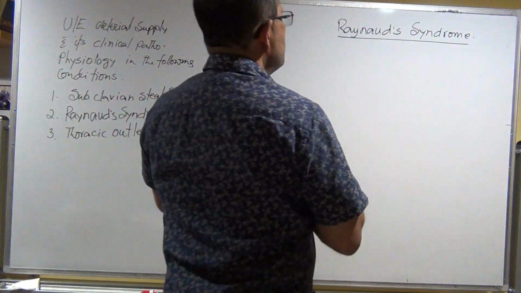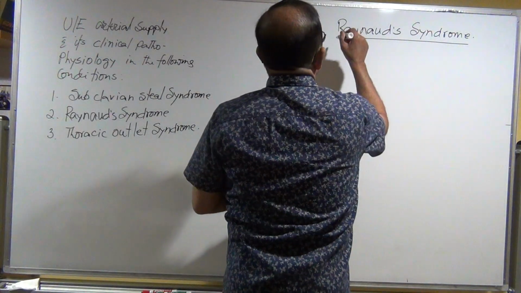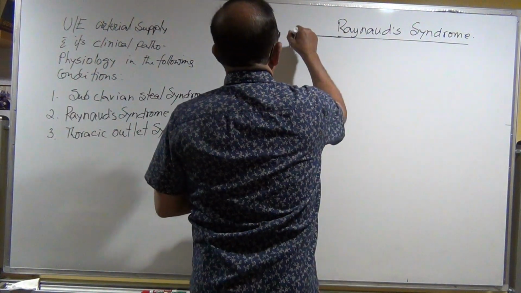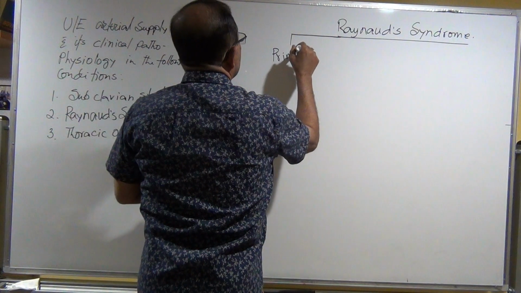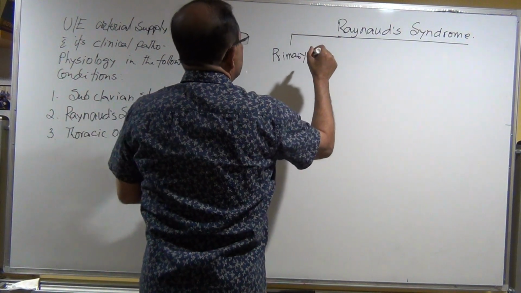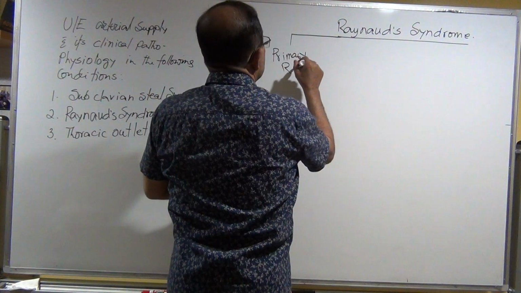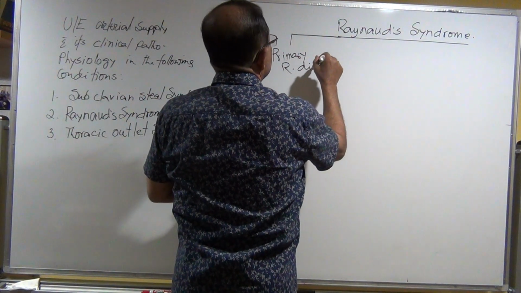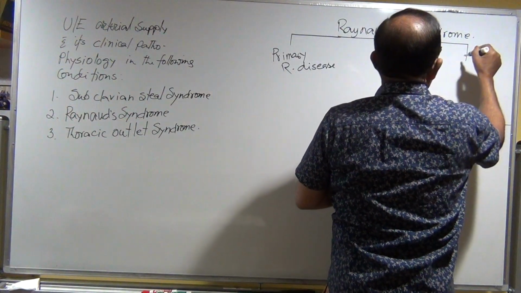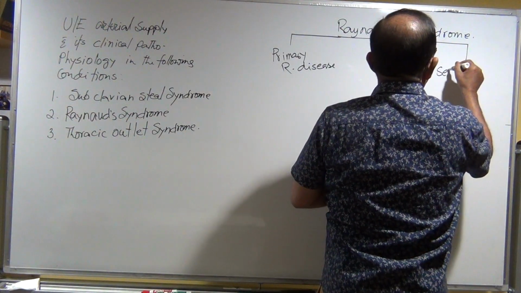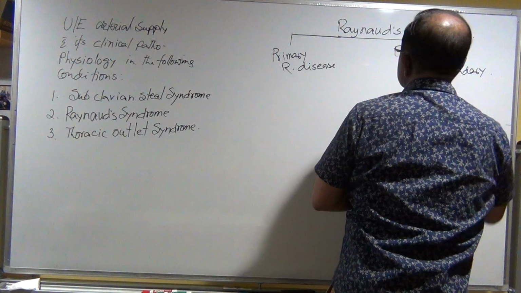Raynaud's syndrome is classified into primary, Raynaud's disease, and secondary.